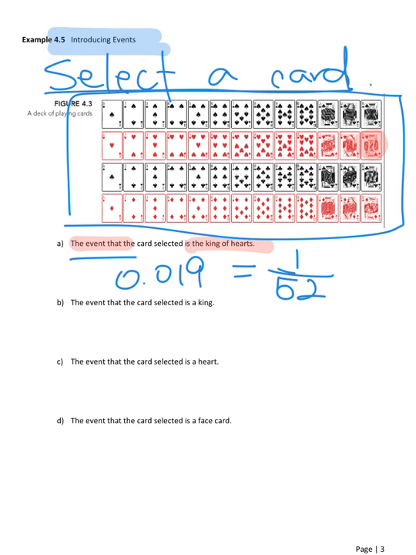And the next event, part B: king. Just the king. How many kings? 4 kings out of 52. 4 out of 52. From an experiment, we had 1 sample space.